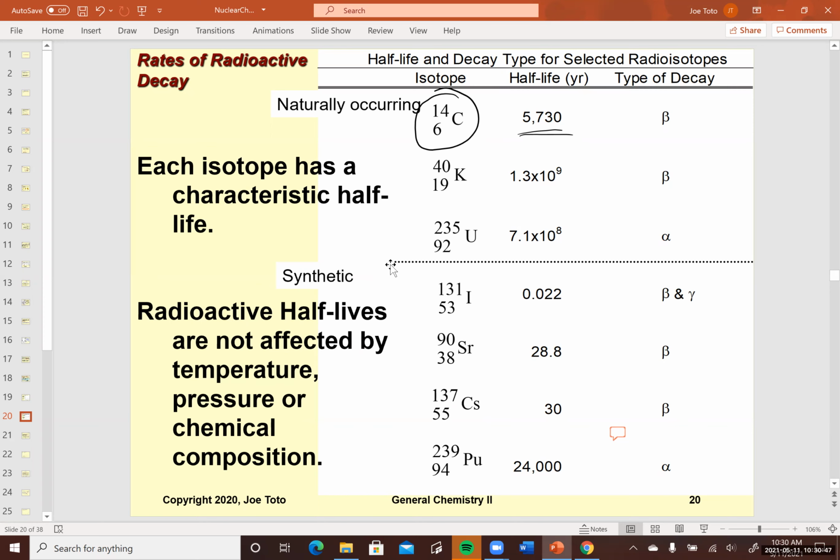And then once they die, they stop eating and the time clock starts ticking. So they don't get a replenish of that carbon-14. So they can be used for biological organisms.